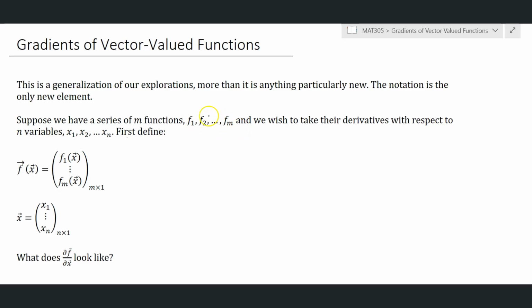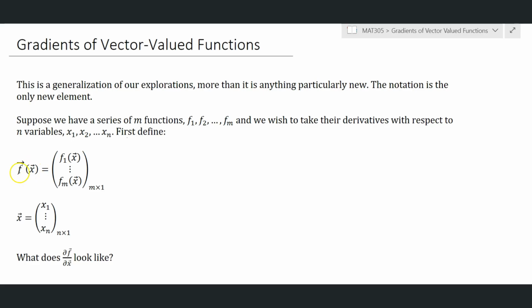So we have all these functions, and each one of those functions is going to input n variables, x1, x2, all the way up to xn. So m functions with n variables. First of all, let's define what we mean by vector valued function. Here we have a vector of functions, each of which inputs a vector of values.